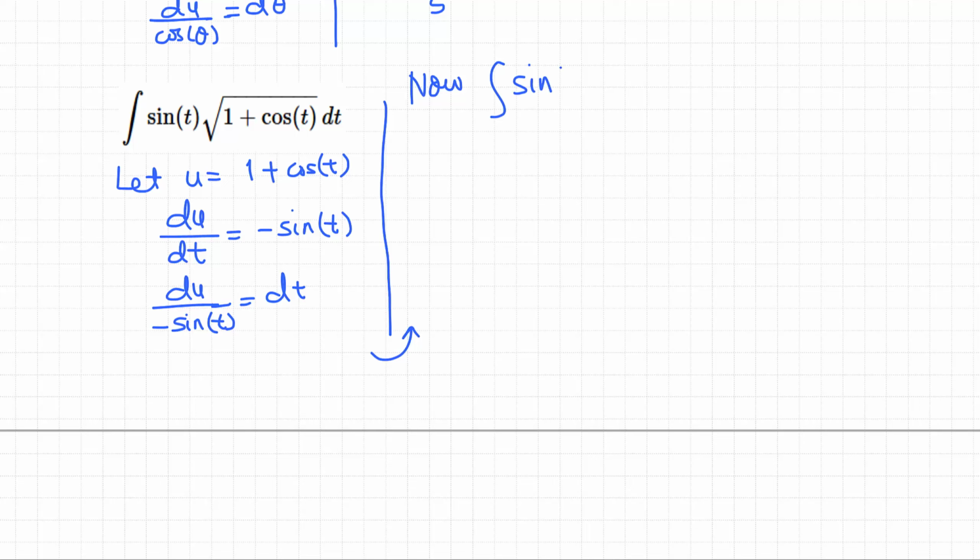We have no information on that, but this one is, by our assumption, the square root of u. And now dt is du over negative sine t. We can see this sine t cancelling like last time. Then the negative can be pulled outside. This is negative 1 times the integral of the square root of u du.